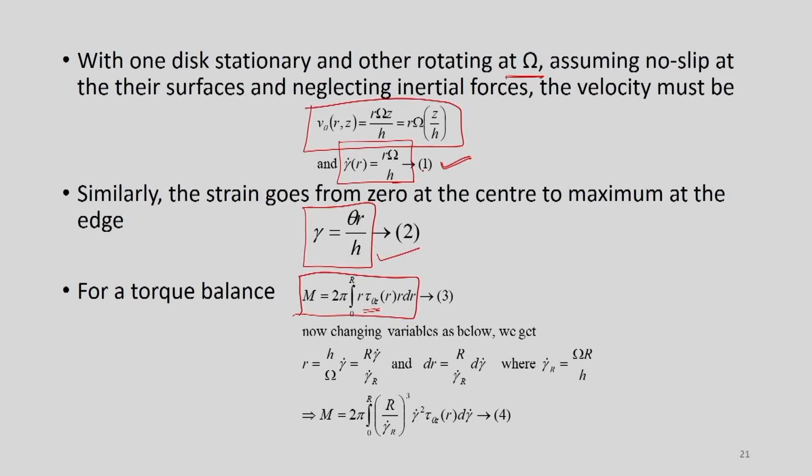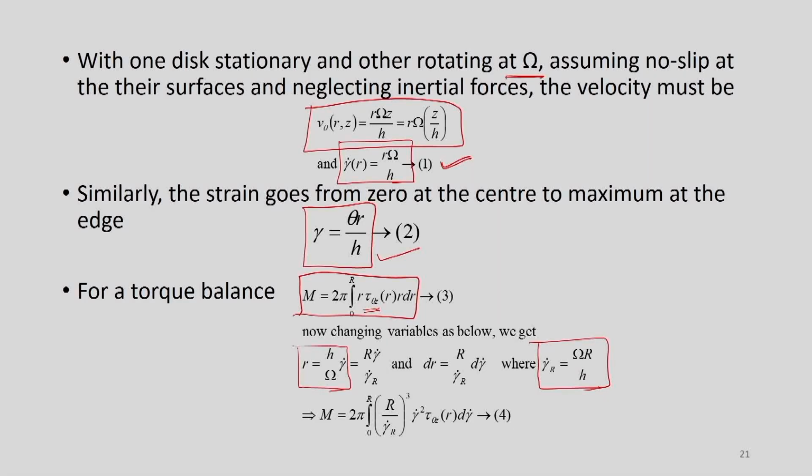From equation 1, gamma dot r equals r omega by h, so we can write r equals h by omega gamma dot. At r equals capital R, gamma dot R would be omega capital R by h, that is at the edge of the disc we have considered.